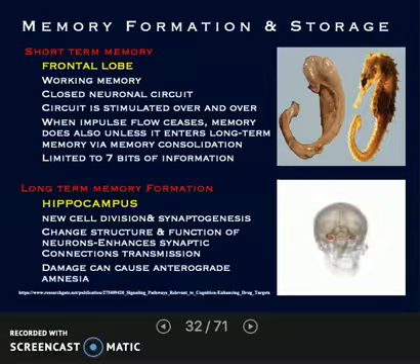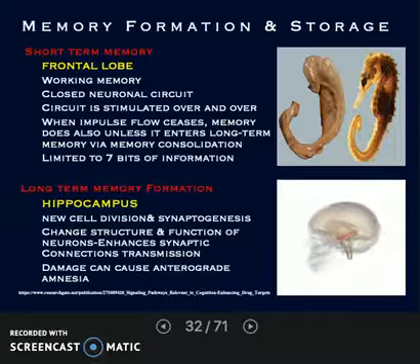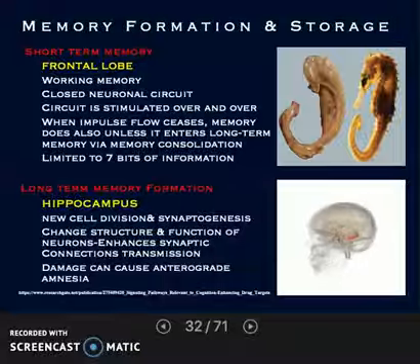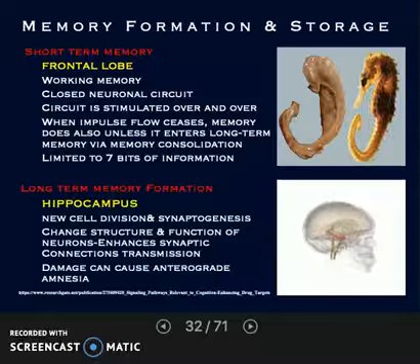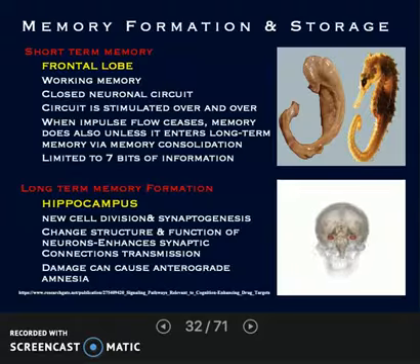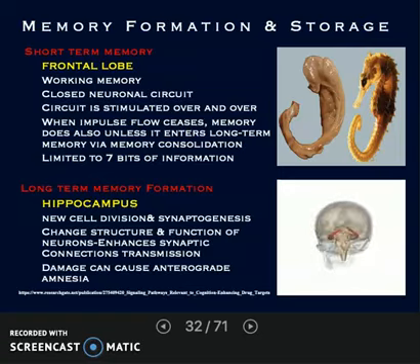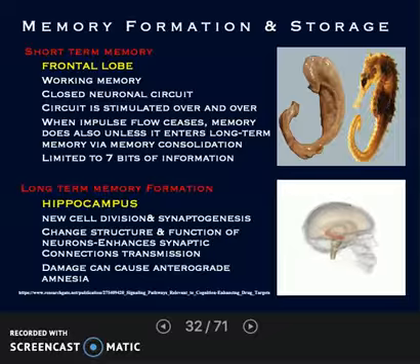In fact, you can watch somebody who's trying to memorize things, and you'll see them look up and to the right or up and to the left. Detectives use this when they're trying to tell whether somebody's lying to them or making things up in their head. So you have the short-term memory circuit in the frontal lobe, and it's a limited system.